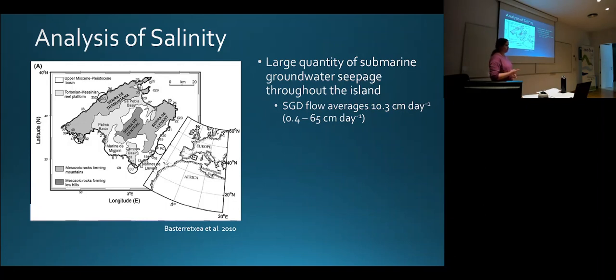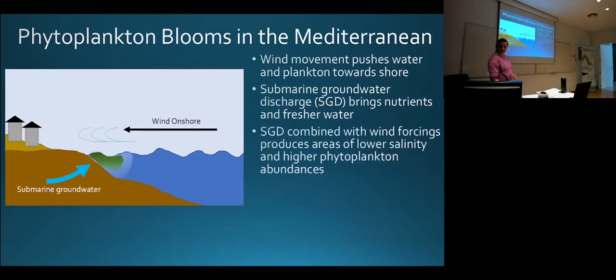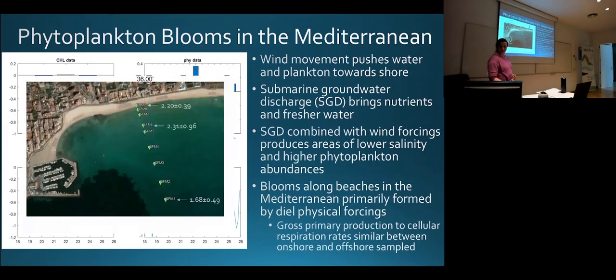You have a question? Yeah, I wanted to ask about a parameter you introduced in the slide just after the principal component analysis, which was about growth rate. What is this number that you introduced, which is 2 near the coast and 1.7? So these are the gross primary production to cellular respiration per individual cell.